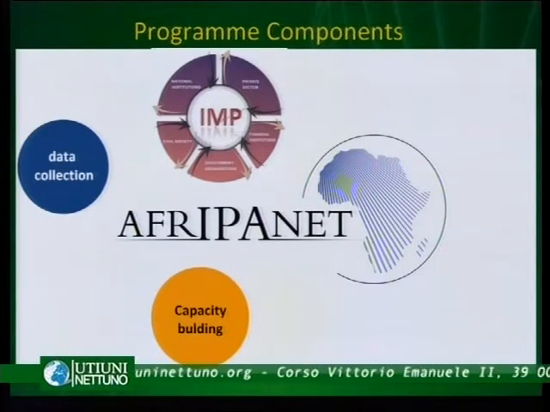The third component is capacity building. This is very important because this is where we then interact with the IPAs, the chambers of commerce and other private sector institutions, ministries, etc., to understand how to use the IMP, how to use the data for policy advocacy, for analysis of trends, etc., and how to provide better information, guidance to investors.